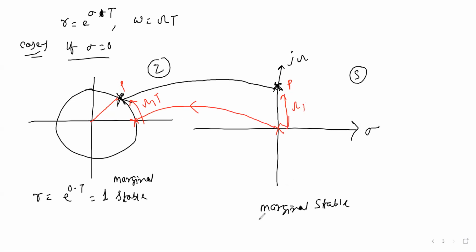Now, this marginally stable system in the S domain maps to a marginally stable system in the Z domain, or we can say that the j omega axis in the S domain maps to the surface of the unit circle, a circle of radius 1 in the Z plane. So the first condition is satisfied. Okay, clear? Agree? Yes, sir.